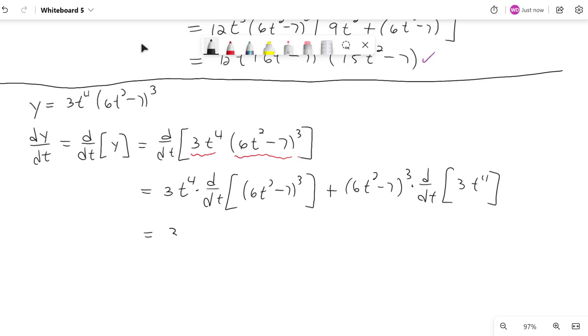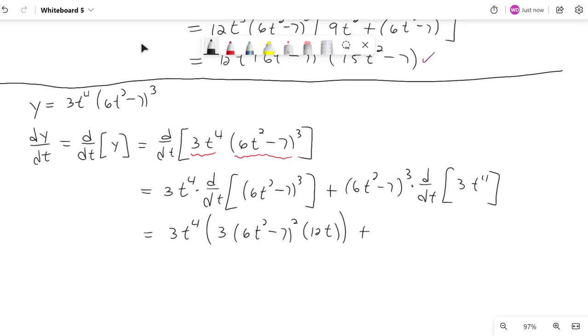So this will then be 3t to the fourth times this derivative, which I just did. So to save space, I'll just write down, that would be then 6t squared minus 7 quantity squared times the derivative of the inside, which is 12t.